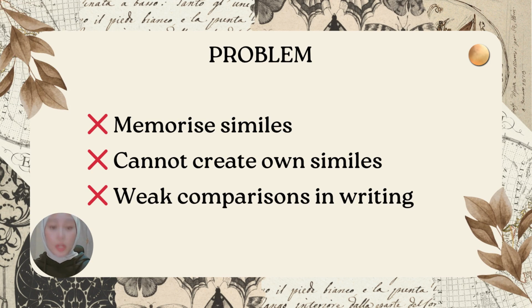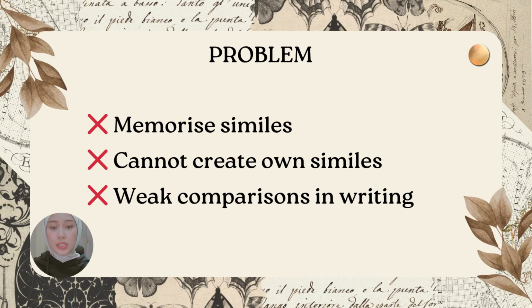Second, students struggle to create similes on their own. So when given a topic, they either repeat familiar examples or produce incomplete comparisons. This usually happens when they are not given a clear step-by-step method to guide them. And for the third problem, their comparisons are often weak or very unclear.